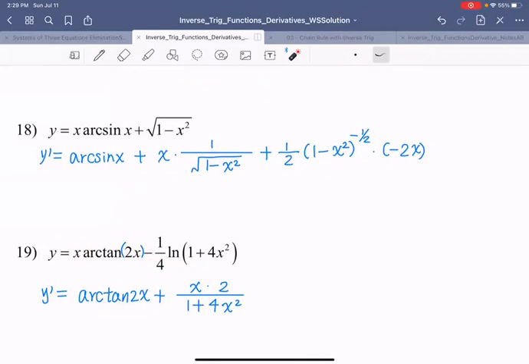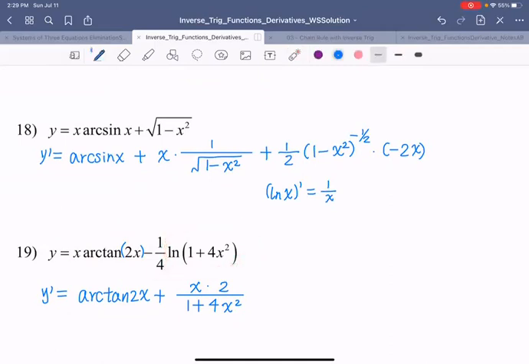Do you still remember what the derivative of ln x is? It's 1 over x. That's right. So this guy's derivative is?